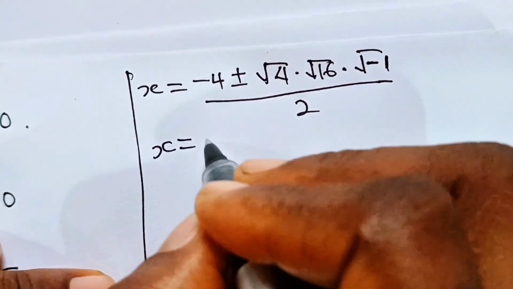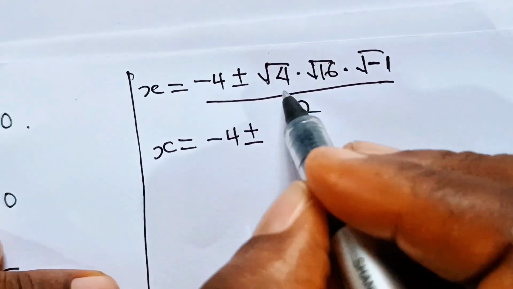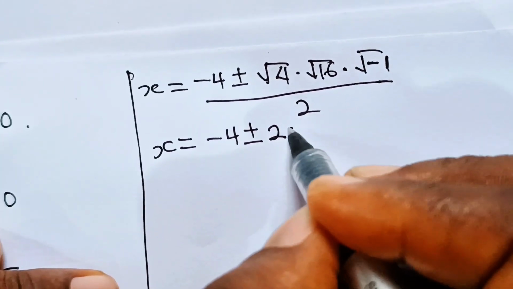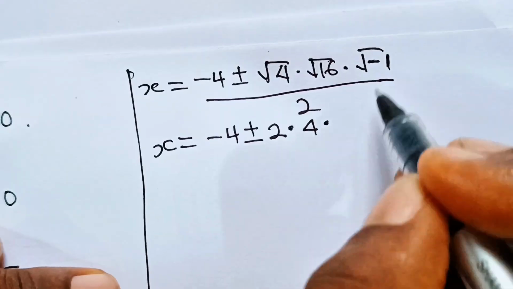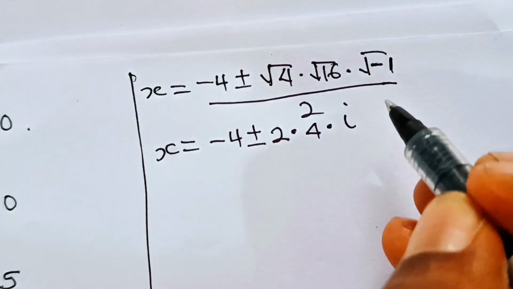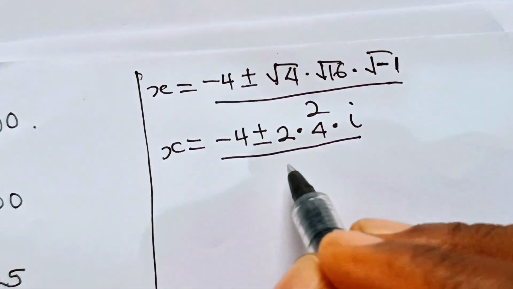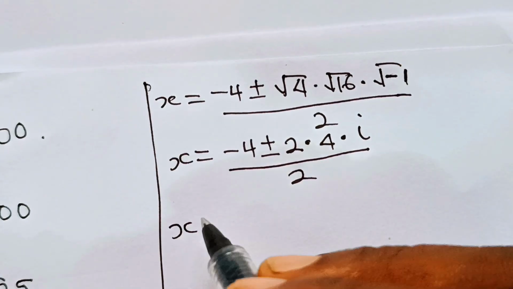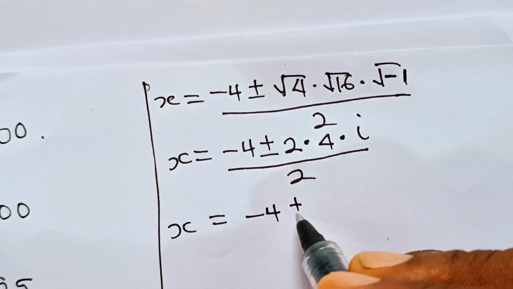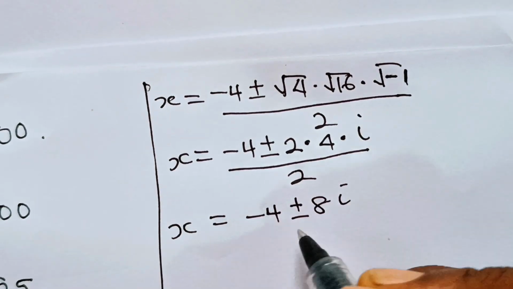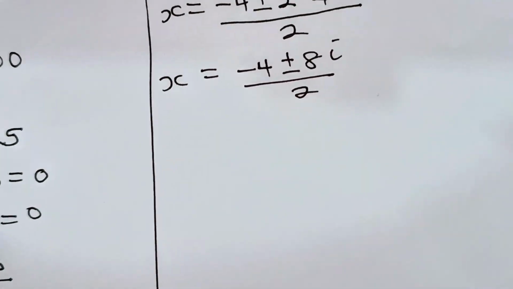So x is minus 4 plus or minus square root of 4 is 2, square root of 16 is 4, square root of minus 1 is i, okay, divided by 2. So our x then is equal to minus 4 plus or minus 8i divided by 2.